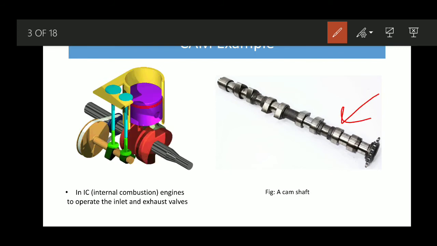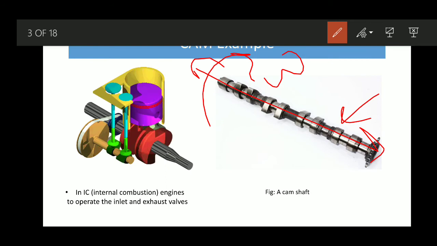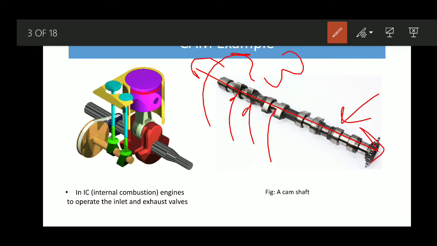You can see what we have shown here. The cams of the same shape are mounted on the same shaft, rotating with the same angular velocity, but they are positioned differently, their orientation is different.